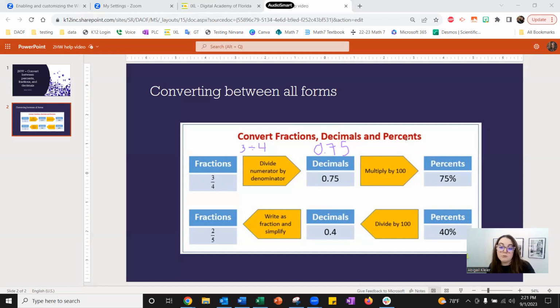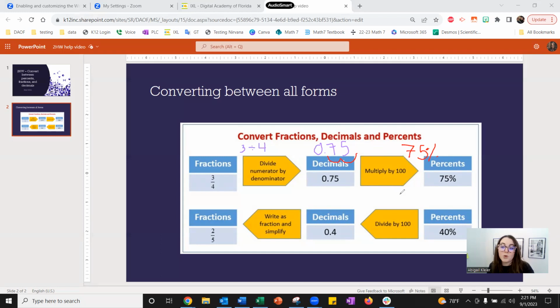Now let's talk about converting from decimal to percent. To convert decimal to percent, you're going to multiply by 100. And what multiplying by 100 does really is it moves that decimal point 2 spaces. So once you multiply by 100, you can easily see that that's the same thing as moving those decimal spaces.